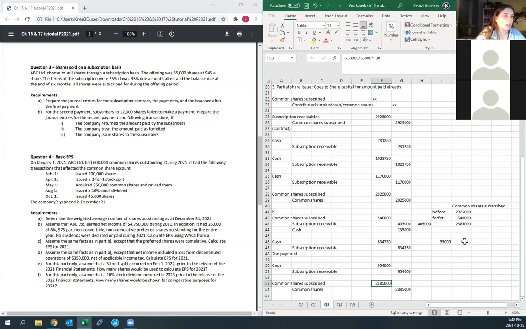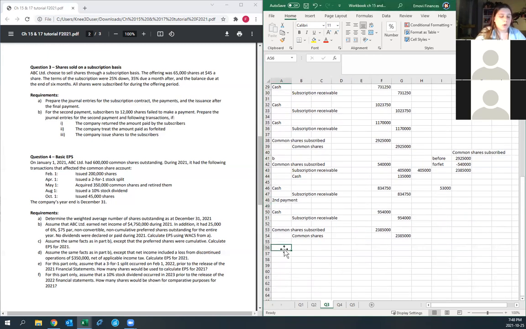That's what you're issuing. Then you do the same thing for your subscription receivable account to find what's the balance after they forfeit their shares, and you use a percentage for the following payments. For the second, they treat the amount paid as forfeited. So I'm just going to copy this here.